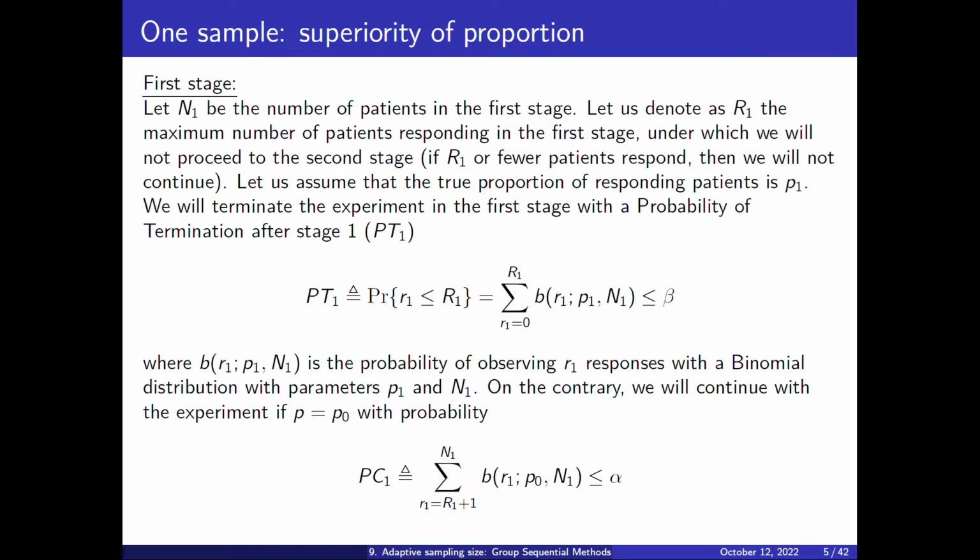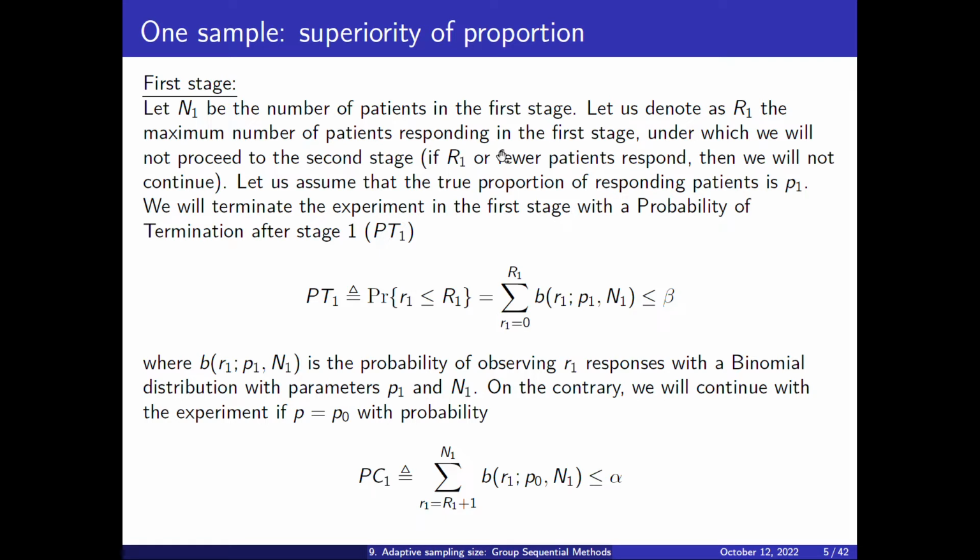Okay, so for doing this, we have to analyze both stages. So let N1 be the number of patients in the first stage, and let us call R1 the maximum number of responding patients in the first stage.